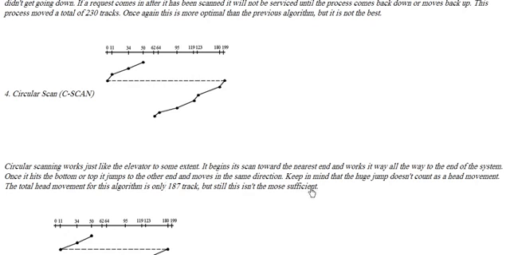But keep in mind that the huge jump does not count as a head movement. This huge jump from 0 to 199, from this end to this end, we don't count as a head movement. So the total number of head movements for this algorithm is 187 tracks, but this is still not the most efficient.